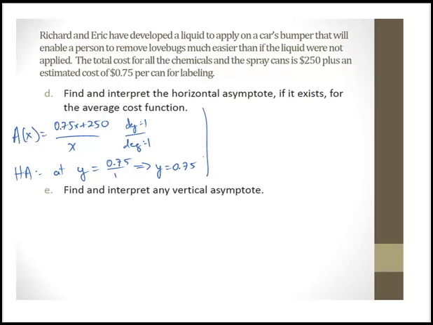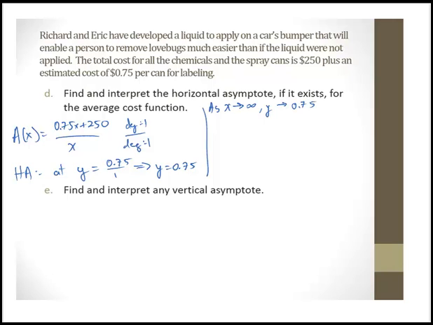So now what's the interpretation? Well, the horizontal asymptote tells you what happens for large values of x. Now, we can't have negative values of x in this application because x is the number of cans. But what this says is, as x approaches infinity, y approaches 0.75.